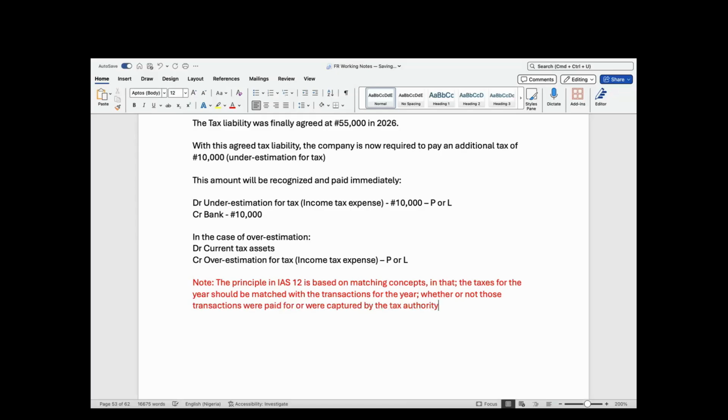So the idea of IAS 12 is based on matching. The tax for the year should be matched with the transactions for the year.